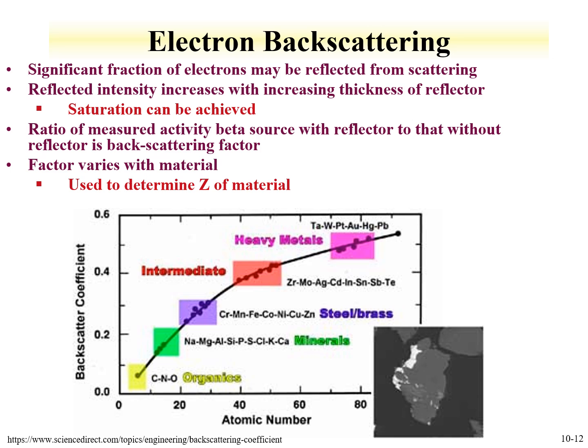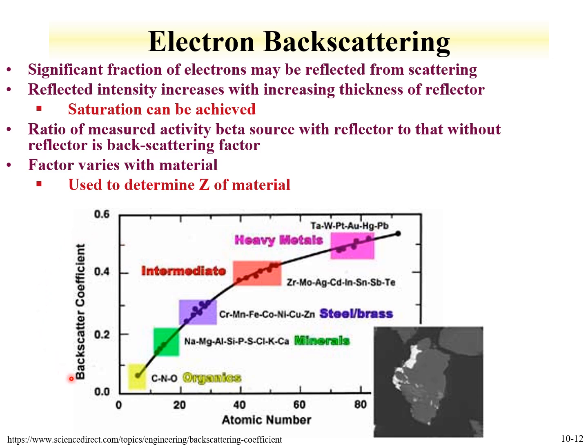So one can evaluate a ratio of measured activity from a beta source with a reflector to that without a reflector. And this is something called backscattering. So you can understand a backscatter factor.